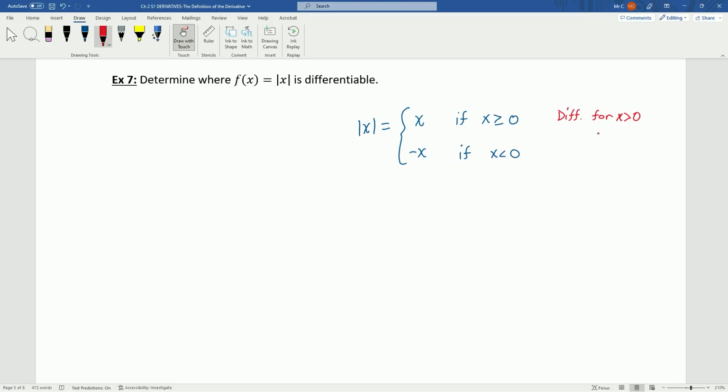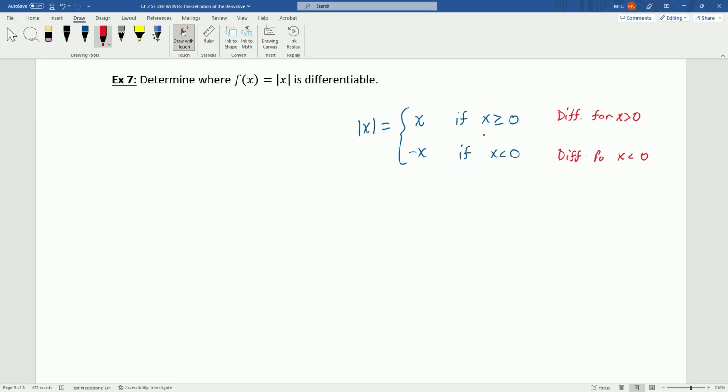So we'll skip that part, and you can try that on your own. And here for negative x, it's going to be the same thing, but you'll get a negative answer because you're multiplying everything by -1. So this is differentiable for x less than 0.